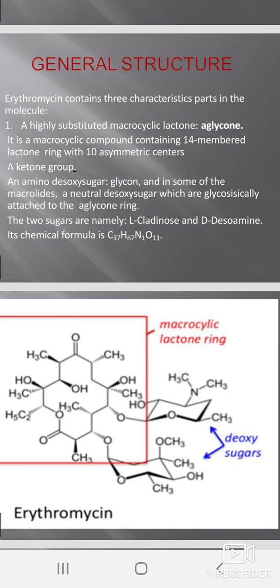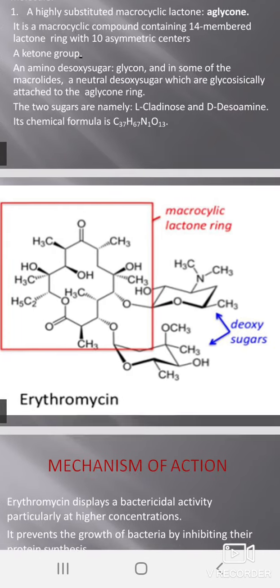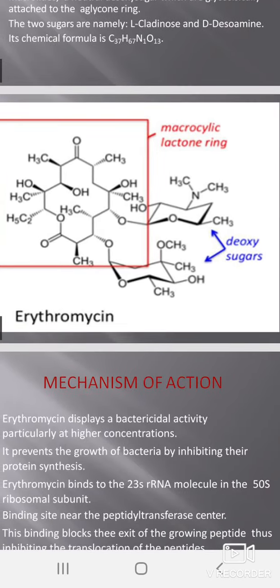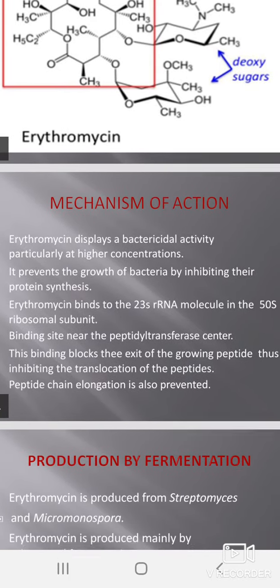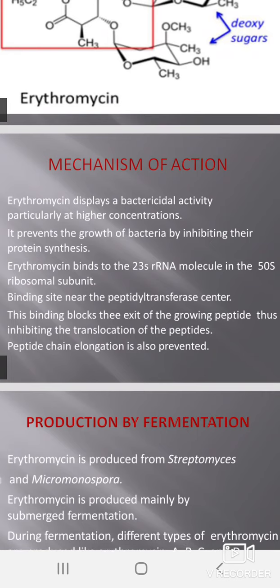Its chemical formula is C37H67NO13. You can see in the diagram below the erythromycin general structure. Next, we are discussing its mechanism of action. Erythromycin has bactericidal activity, particularly at higher concentrations.